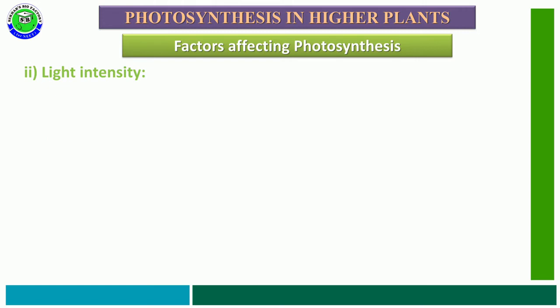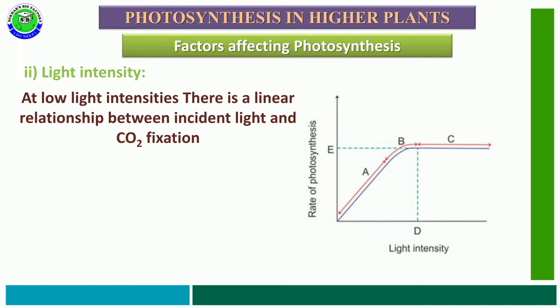The second component is light intensity. Light intensity plays an important role in increasing or decreasing the rate of photosynthesis. When you construct a graph with light intensity on the x-axis and rate of photosynthesis on the y-axis, at low light intensity, as the light intensity increases gradually, we can observe a linear relationship between incident light and carbon dioxide fixation.